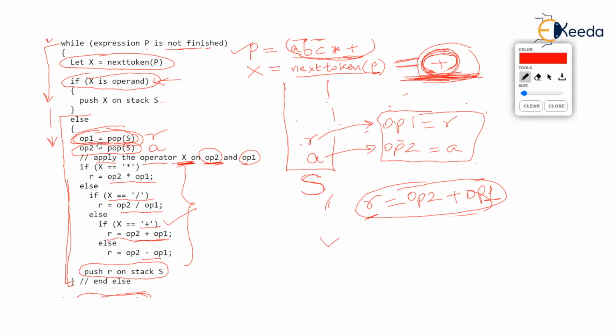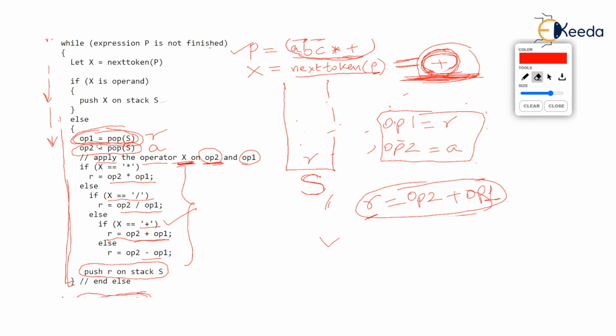So now what do you see on the stack? R and A were popped, so they are lost, but they were added. R was computed and R is pushed on the stack. I hope you're understanding. Now when we go back to while, we will say enough. While is going to break now, isn't it? Why really? Because the expression P is over. Check that plus was the last token.